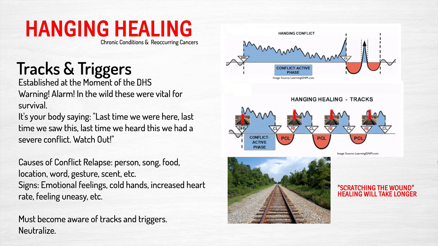So the body takes a snapshot of everything: the foods you were exposed to, the smells, the sights, the everything. If it comes across a track again, your body will automatically go back into conflict activity, because it's saying, wait, last time we were here, last time this happened, last time we saw this, there was a severe conflict. And when you relapse back into conflict activity, you are reactivating, whether it's the cellular growth or the cellular loss.